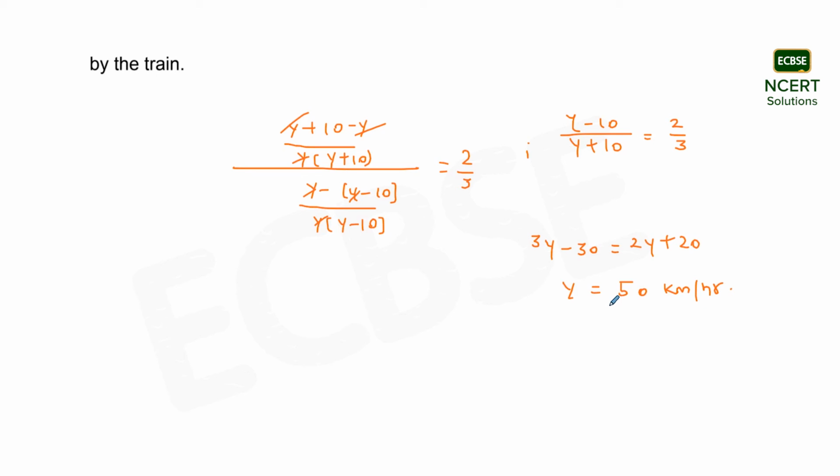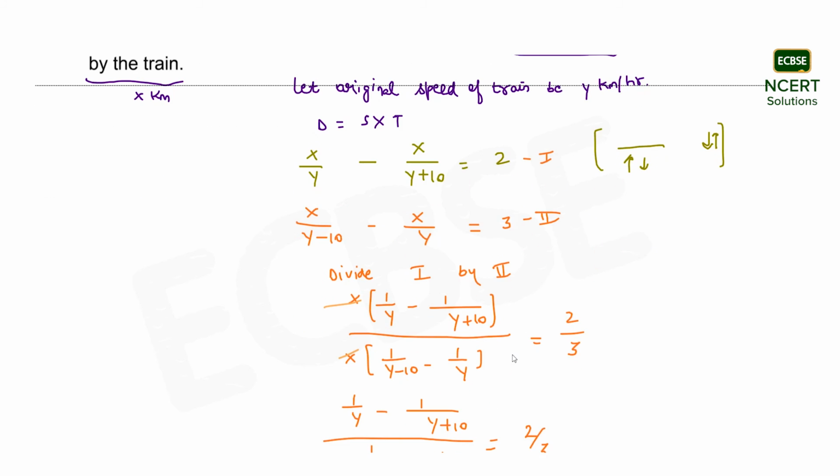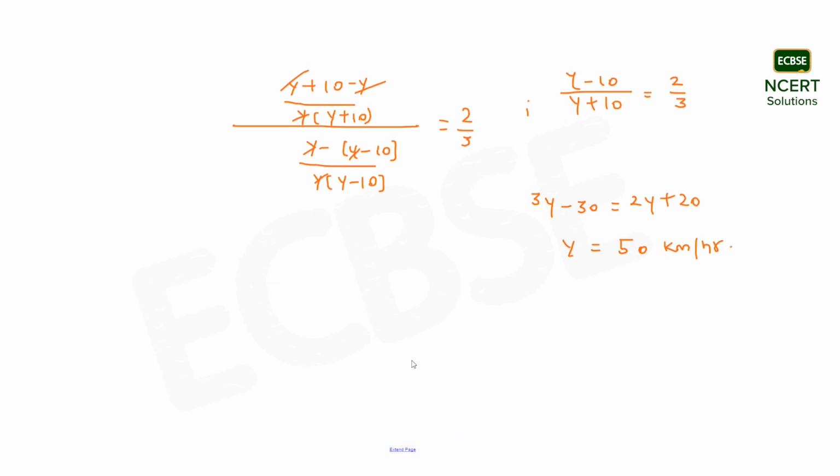Now, in order to get the value of the variable x, I'll substitute this value of y in either of the two linear equations, the choice being yours. Let me substitute this in the first linear equation: x by y minus x by y plus 10 is equal to 2.